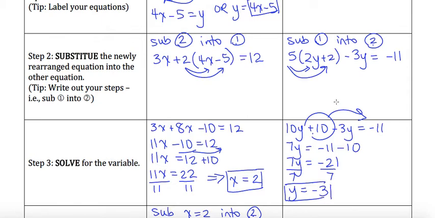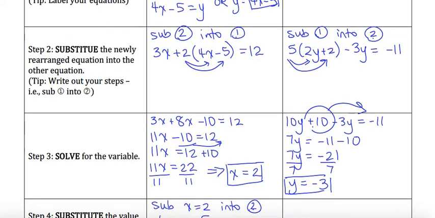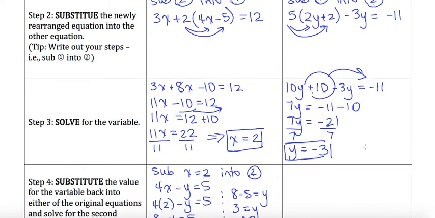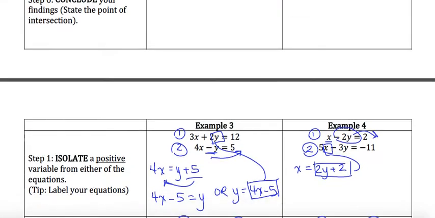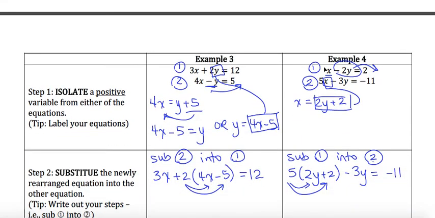So now I have a value for x and for y. Actually, no, I don't. I just have a value for y yet. I got ahead of myself. So now I have a value for y, and I'm going to substitute it back into one of my original equations. Whichever one I think is easier, let's go with 1.